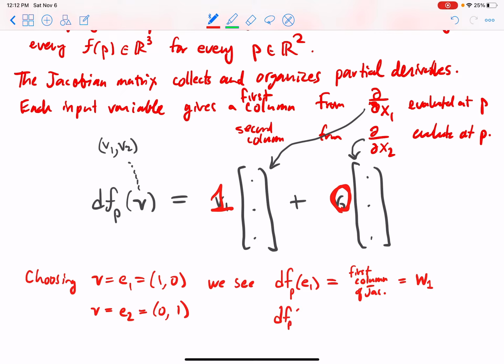And DFP of E2 would flip it. The 1 would go over here, and the 0 would go over here. Okay, and so let's even just get rid of those. It would be the second column of the Jacobian matrix, which we'll just give a name, W2.